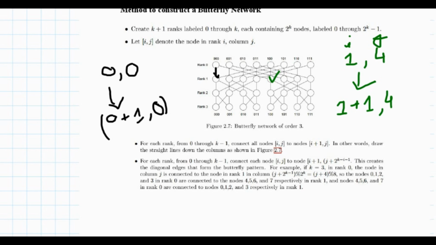You can see that there is a direct connection between the node with rank 1 and column 4 with the node with rank 2 and column number 4. So this was the exploration for the first step of the algorithm.